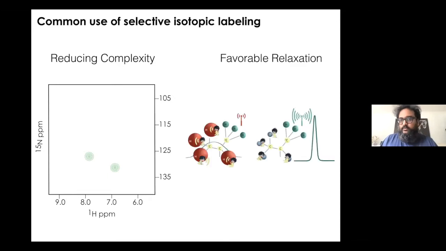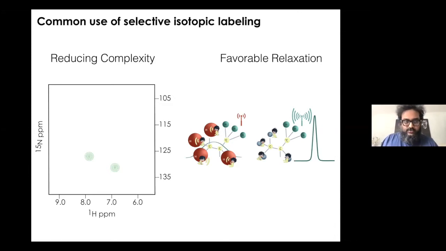And the second, more common application is to aid in relaxation. As you know, when you substitute a hydrogen with a deuterium, the gyromagnetic ratio of the deuterium is 1/6, which enters the relaxation equation in a quadratic manner. So you can see how this would aid the relaxation properties of the observed nuclei.